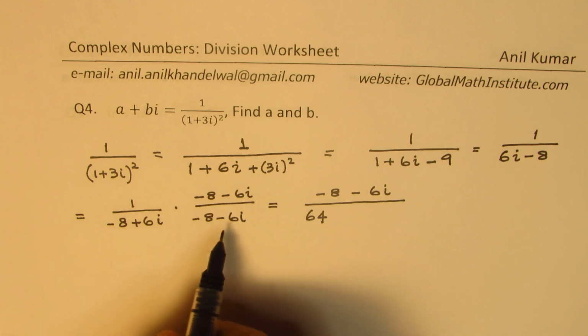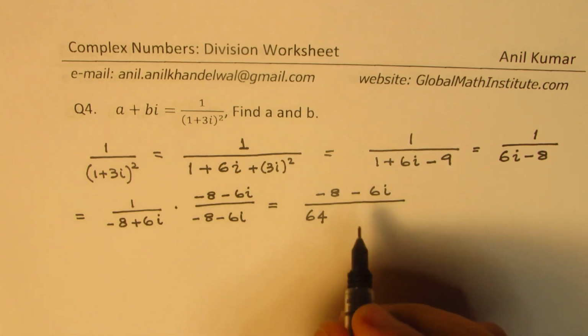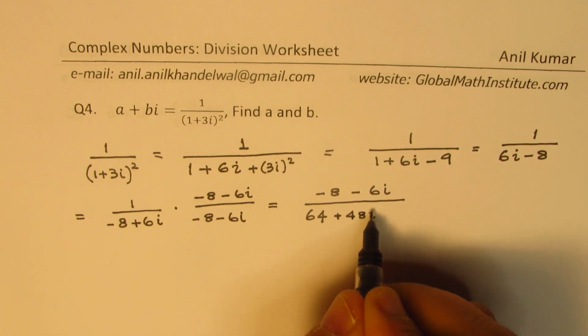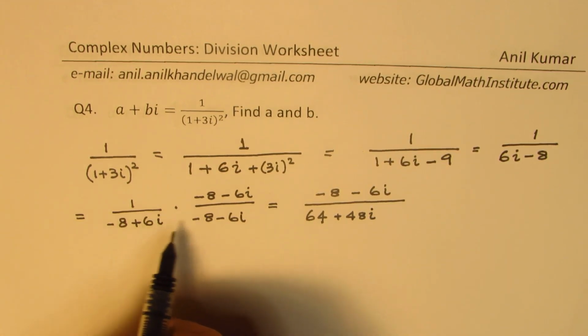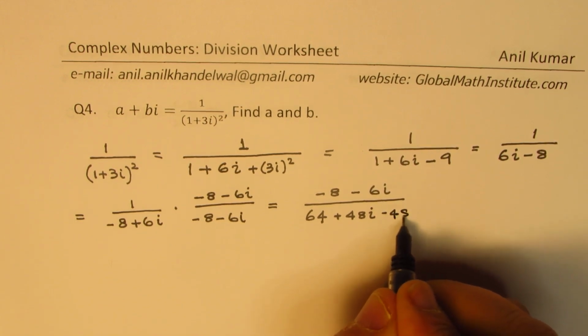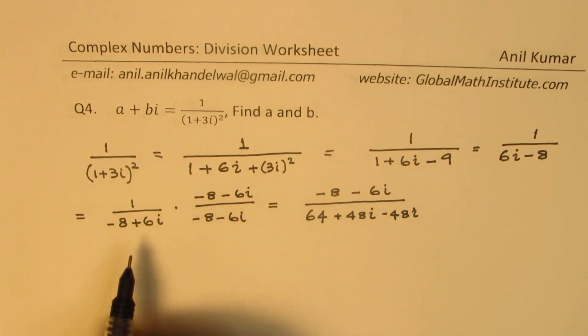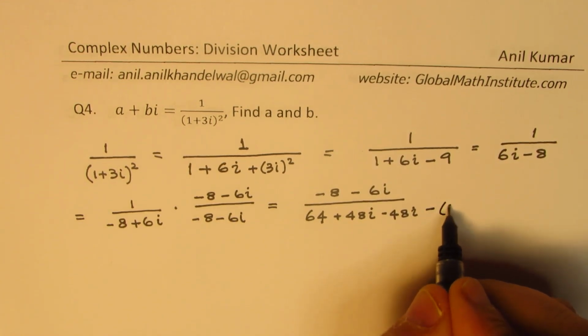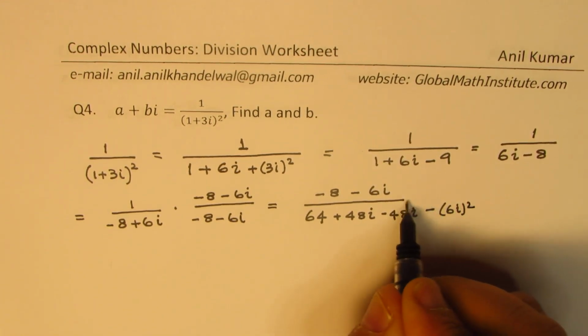Multiplying minus 8 by minus 6i gives you plus 48i. Now with 6i, we get minus 48i, right? So they cancel, correct? And then plus and minus gives you negative 6i square, correct?